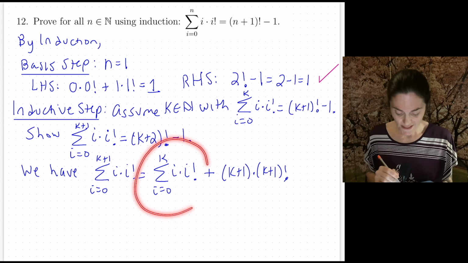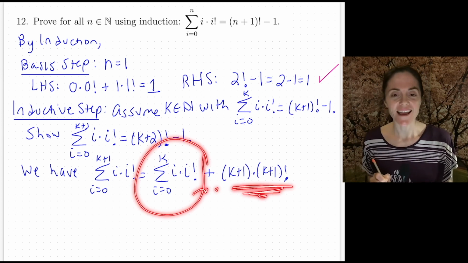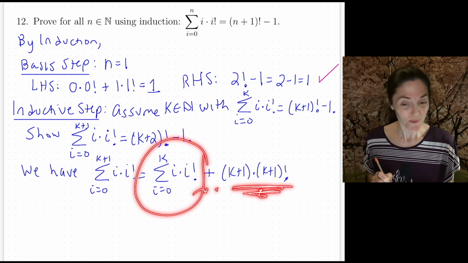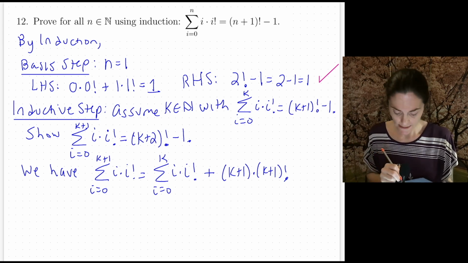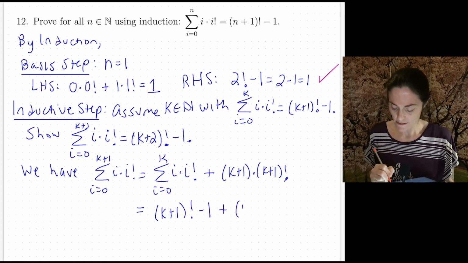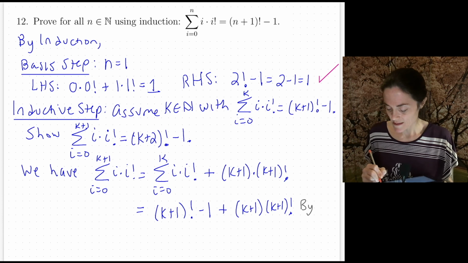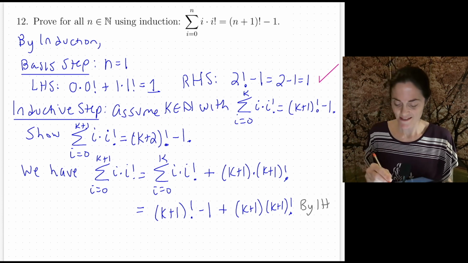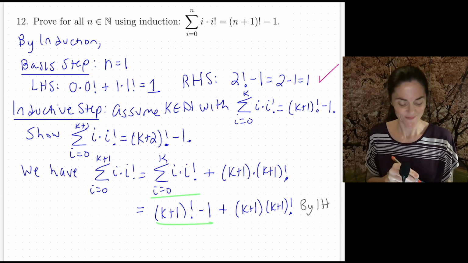I just wrote the sum from 0 to k and then plus the i equals k plus 1 term here, okay? Now, here comes the inductive hypothesis. This is equal to (k+1) factorial minus 1, and then this term just remains the same. This was using the inductive hypothesis, going from here to here.